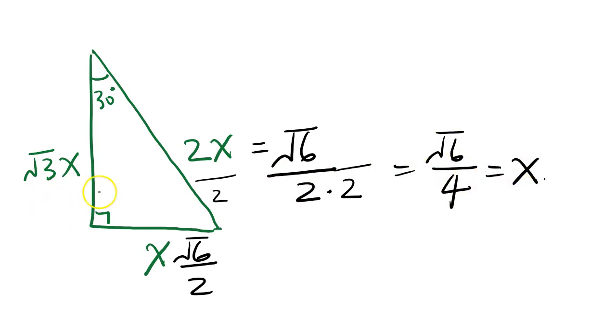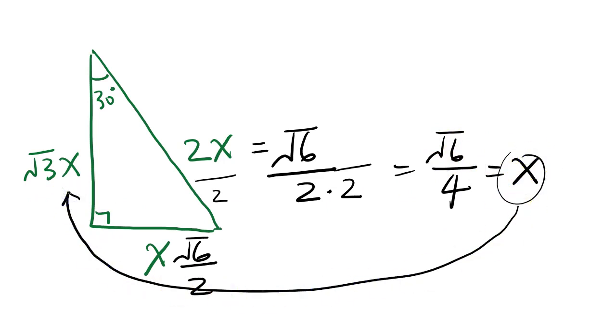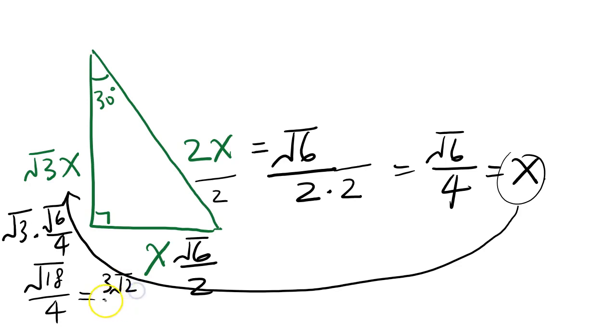So when we find this side, we can't say this is the answer. We have to plug this x all the way back in here. So then we would have root 3 times root 6 over 4. And in this case, we'll have root 18 over 4, which we could simplify, and we're going to get 3 root 2 over 4.